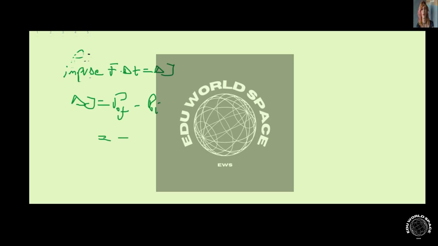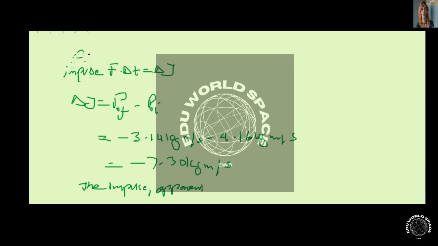The final is negative 3.14 kilogram meters per second. The initial is 4.16 kilogram meters per second. If you put those two together, you get negative 7.30 kilogram meters per second. And so the opponent's impulse is negative 7.30 kilogram meters per second.